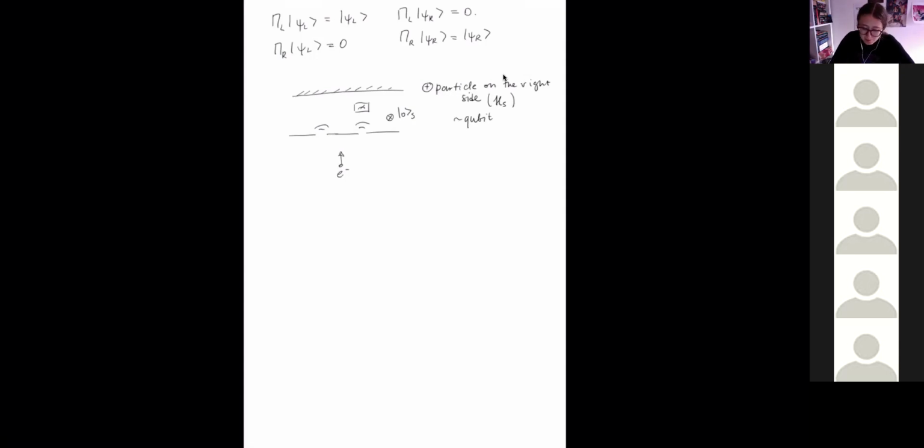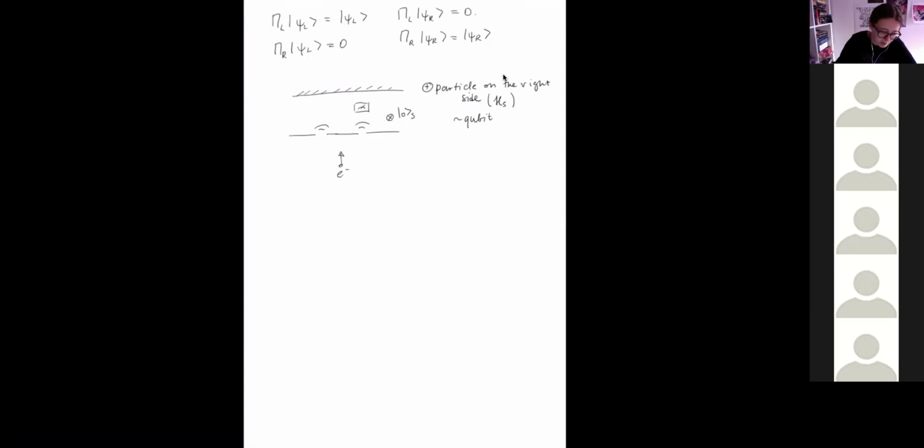And this particle has a property that it is sensitive to the presence of the electron. So essentially, if the electron goes through the right slit, then the state of the particle flips, and if it goes through the left slit, nothing happens.